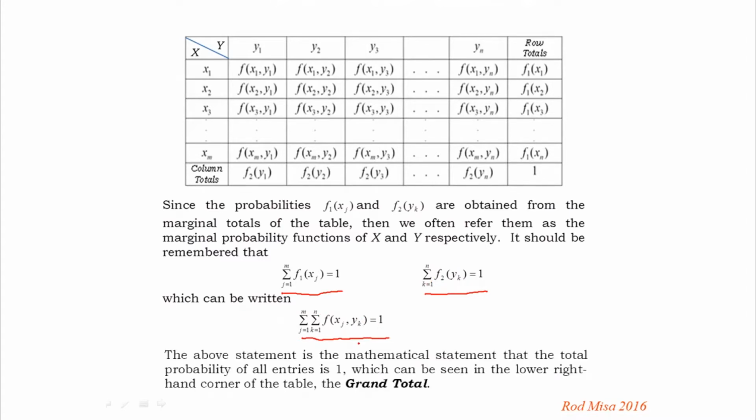Thus, the above statement is the mathematical statement that the total probability of all entries is 1, which can be seen in the lower right-hand corner of the table, the grand total, which is this one here.